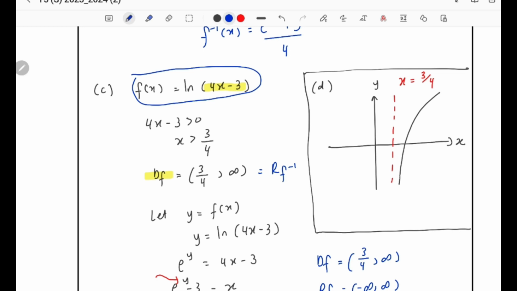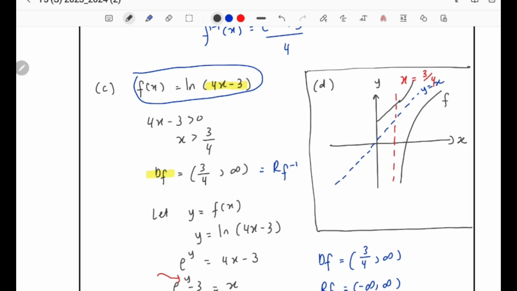For the exponential, I'm going to reflect the graph on the line y equal to x. So this one is f. So the f inverse is going to look like this. And the asymptote for the f inverse is y equals 3/4. And then I'm going to label it. This one is f inverse.